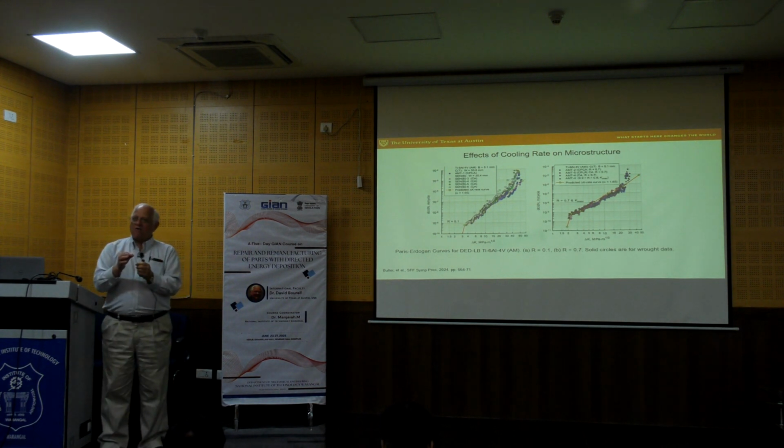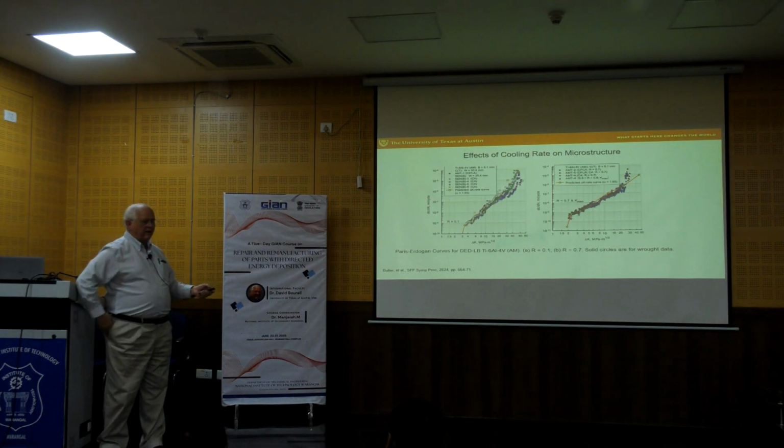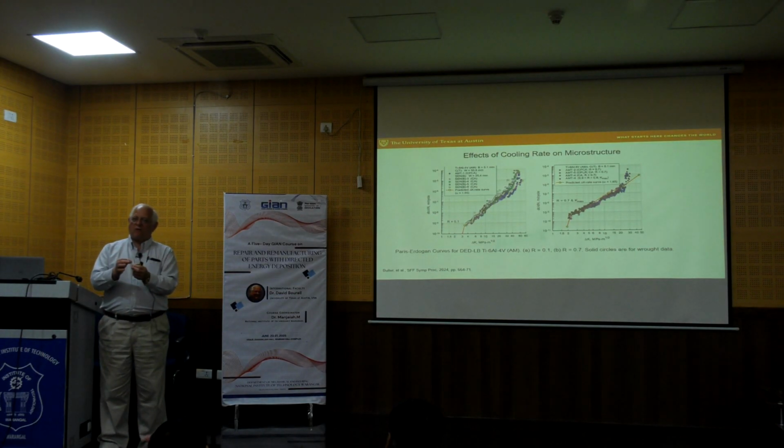The R value in the cyclic loading: we have a maximum stress and a minimum stress in the cycle, and the R value is the ratio of the minimum stress to the maximum stress. So R equal 0.1 means basically that I have a very low positive bottom stress and then a respectable maximum stress.